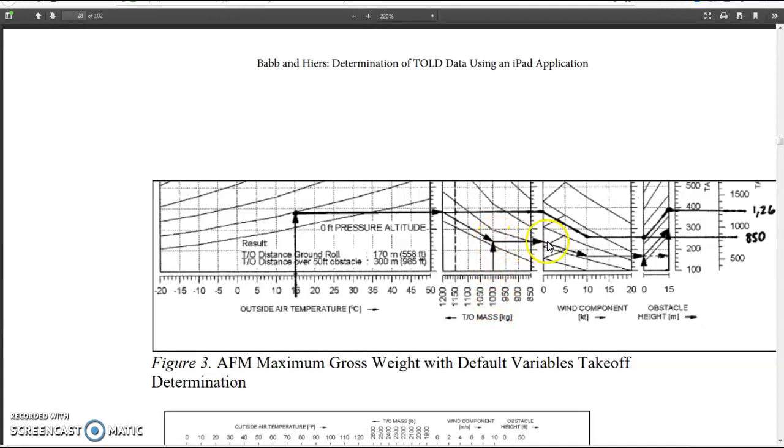Then you go straight across, and then you come down to the wind component, which in this case was given to us at 10 knots, and then you adjust, and then you come straight across. This is in meters and this is in feet, and you reach 600 feet for the takeoff distance. For the takeoff distance with a 50-foot obstacle, you go from up here straight across, and you read 1,000 feet. And that's how you read these charts, and that's all there is to it.